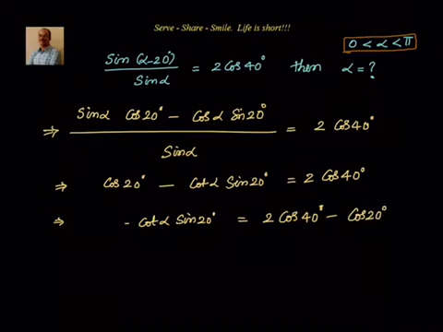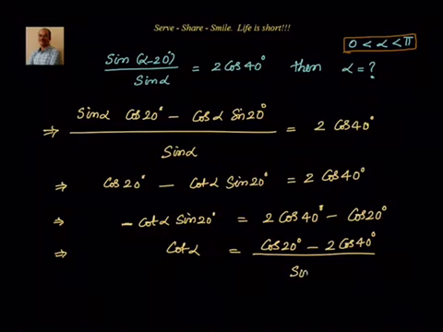Now if I divide this whole thing by minus sine 20, then I will get cot alpha equal to cos 20 minus 2 cos 40 degrees divided by sine 20 degrees. So I think we are successful up to one particular point, because we have the variable angle here and all numerical constant angles there, so we can easily work on them.